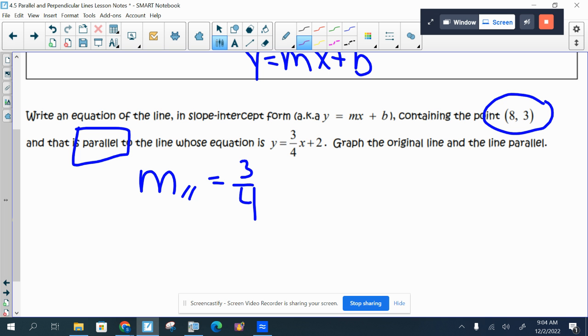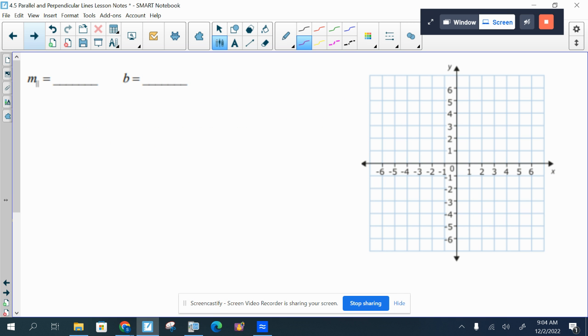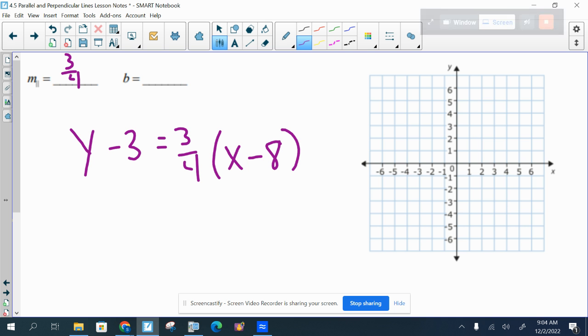So let's start off. I'm just going to write this below. I don't know where the rest of this question went. Oh, it's right here. Okay. So we know that the slope is 3/4. So we'll do y minus 3 equals 3/4 times x minus 8. And then rearrange to solve for y.